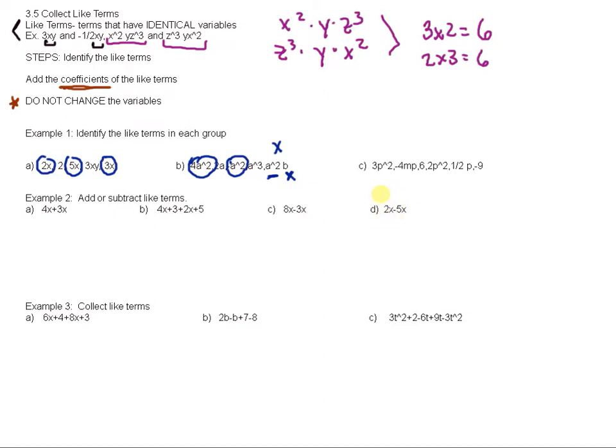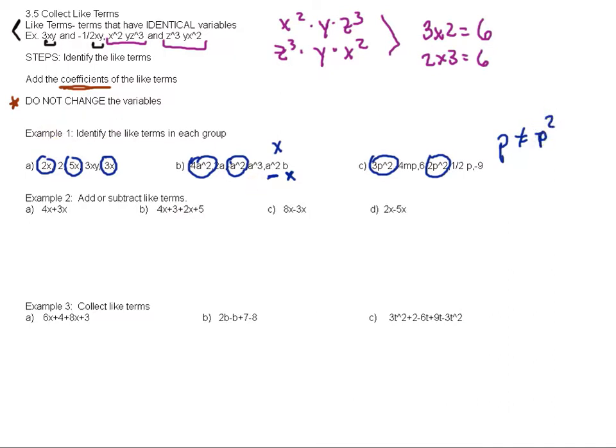Okay, now C. 3p squared, negative 4mp, 6, 2p squared. Oh, we've seen that one before, the p squared. Okay, so I just want to highlight this. So we have 1/2 p and then negative 9. P does not equal p squared.